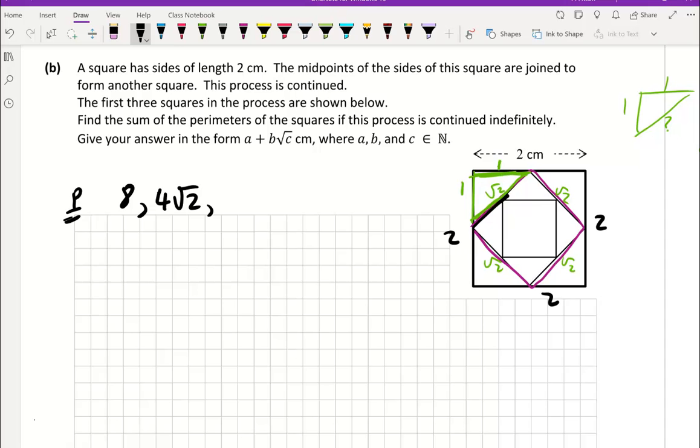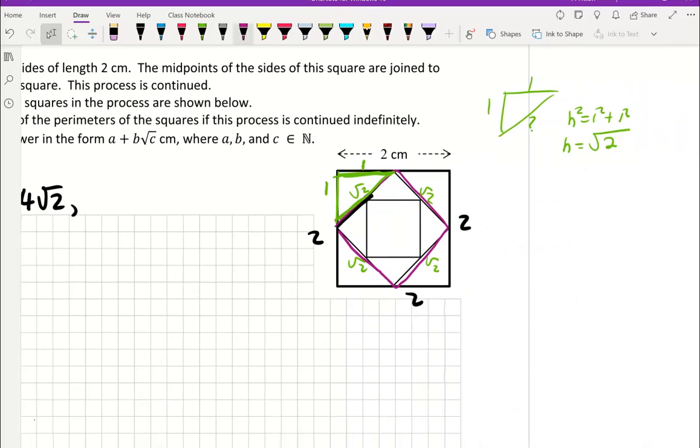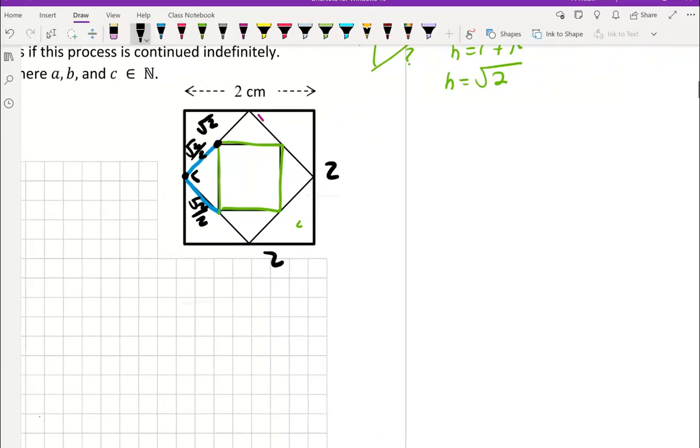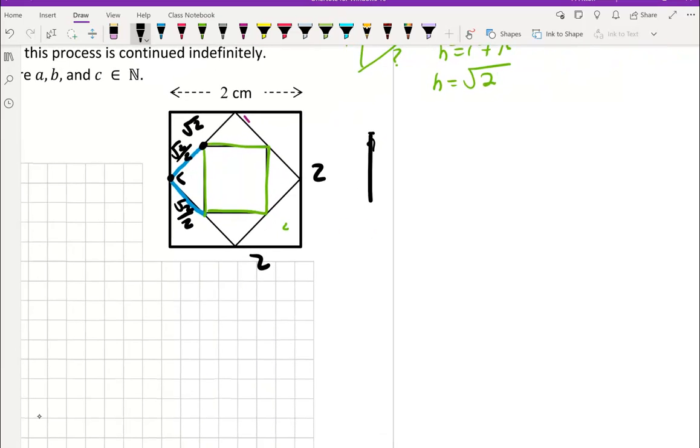Okay, let's find the third one just for the crack. Let's clean that up. Now I want to find the green square, so if I find the length of one of the sides of this one here, the full length is root 2, so half of that is root 2 over 2. We have another right angle triangle, so again we'll use Pythagoras' theorem. I've got root 2 over 2, root 2 over 2, and I want to find my hypotenuse.